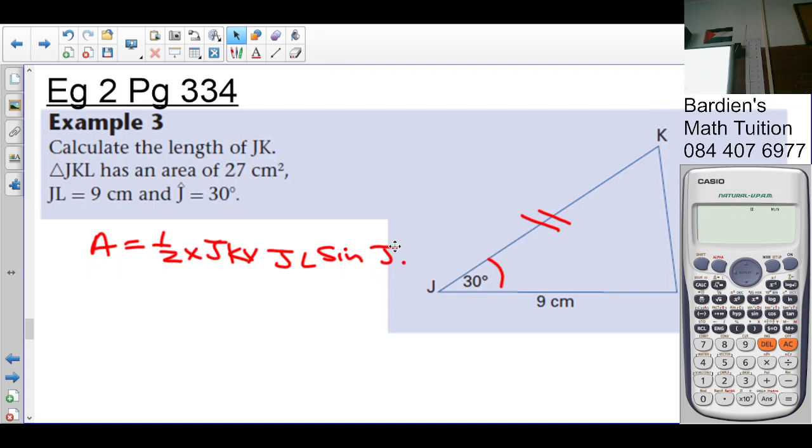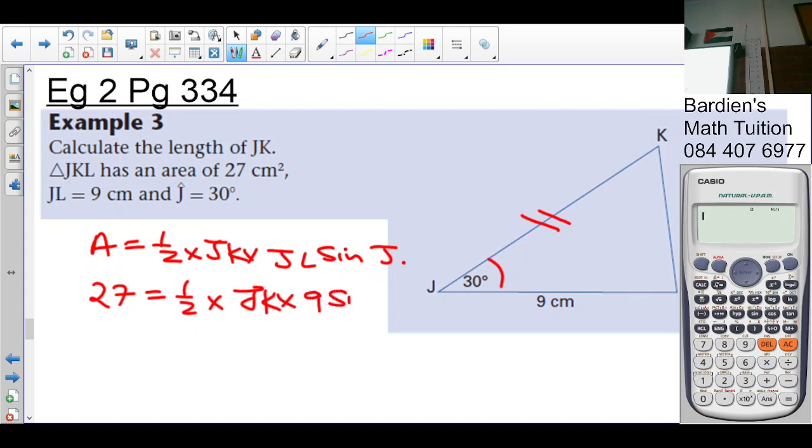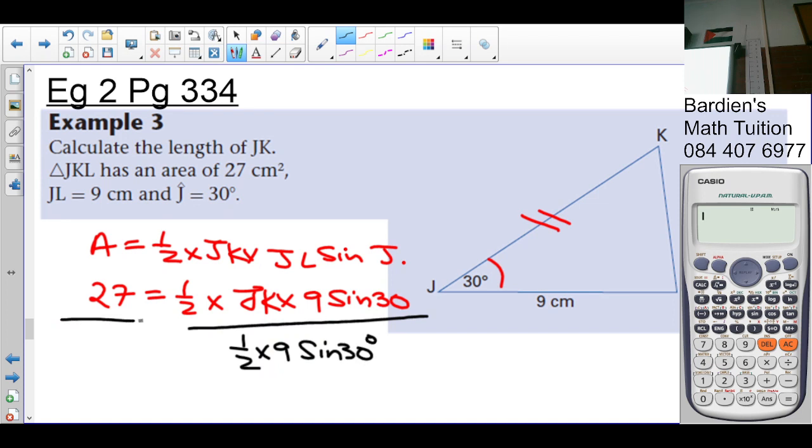Okay, so we have 27 equals a half JK times 9 sine of 30 degrees. How do I get JK on its own? Divide both sides by half times 9 sine of 30. So that cancels this here.